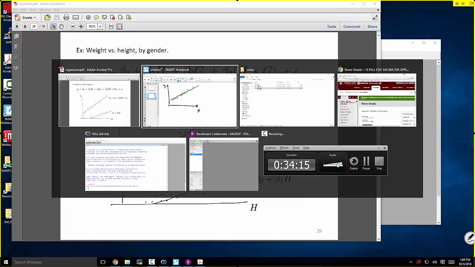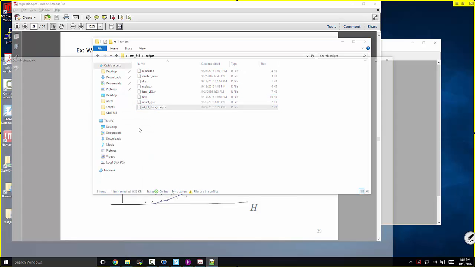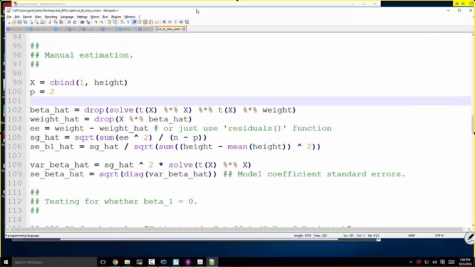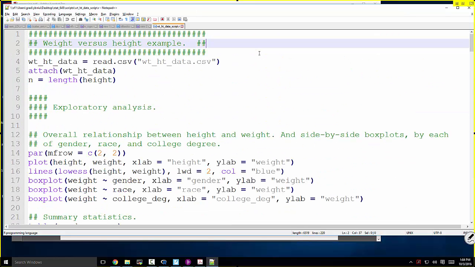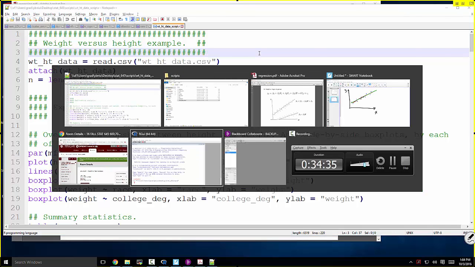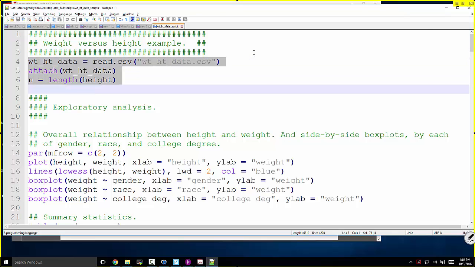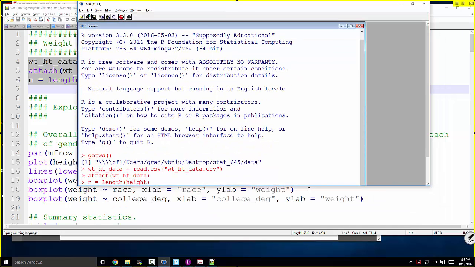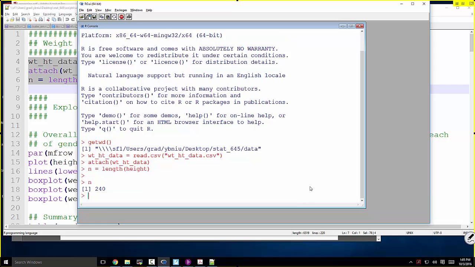So, weight height data, we've seen them before. Let me load the data in. We have 240 measurements.